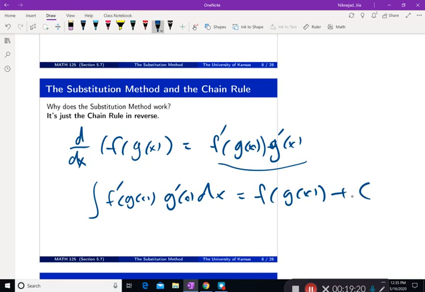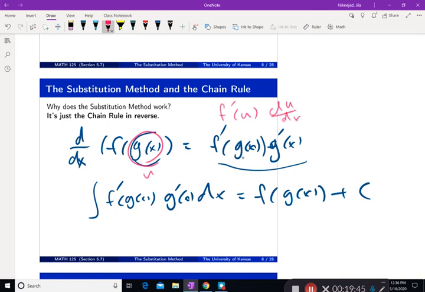And so what you're doing in here, again, with the chain rule, you would say this is u. So over here you would have f prime at u times du dx.